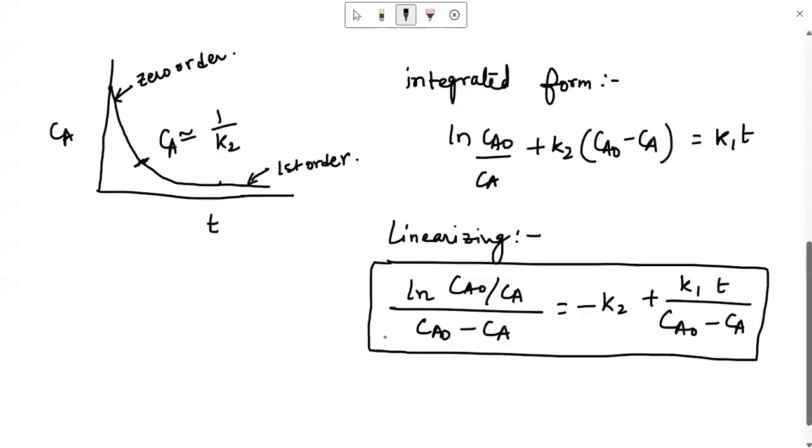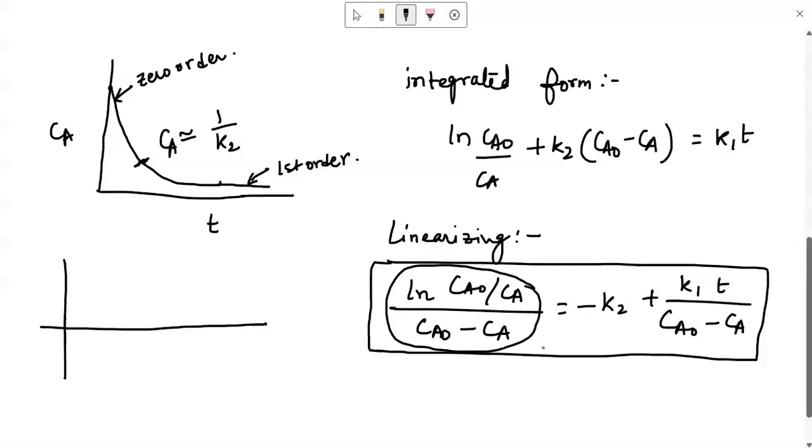Now let me plot this. On the y axis I am plotting this term, which I am just writing as y, and on the x axis I am going to plot t by (Ca0 minus Ca).